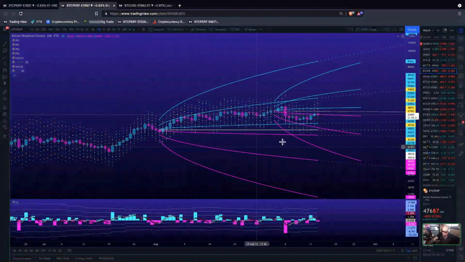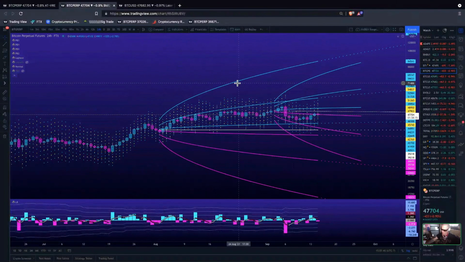Everything you see on this chart right here, they've been using for decades, but they're not sharing this with the general public. They don't want retail traders to know what their algos are tuned to. This is what they're programming all of their trading algos to.